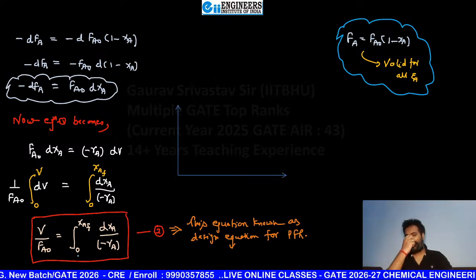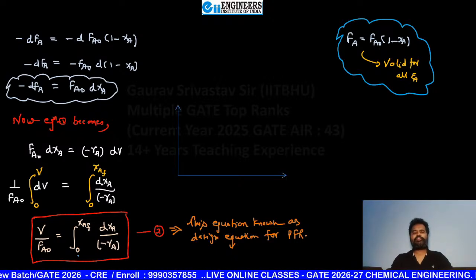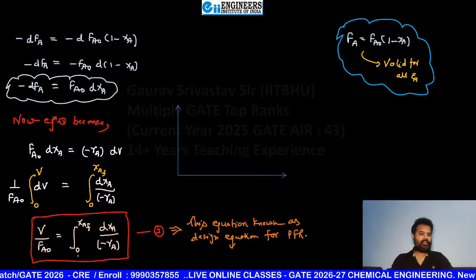Very good, beta. You can draw for the simple conventional case, that is positive order reactions.